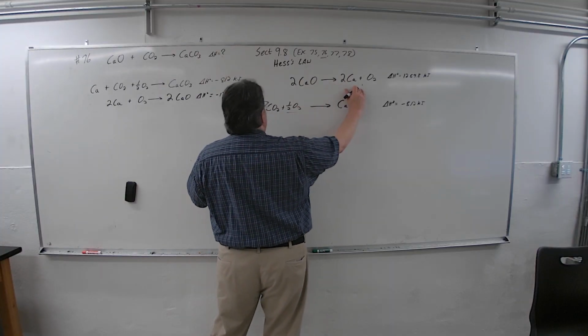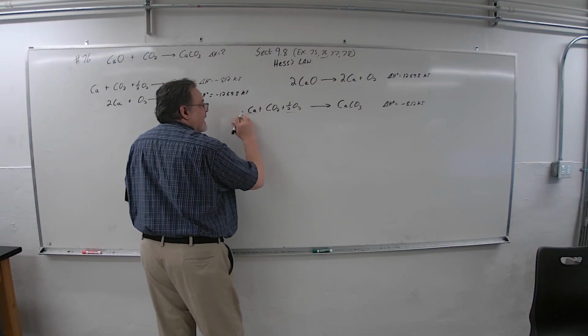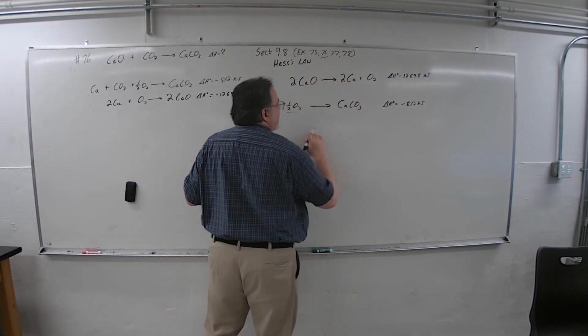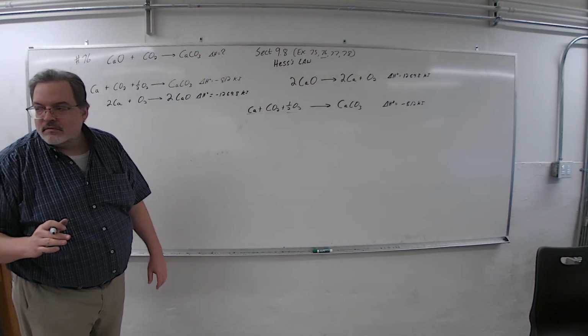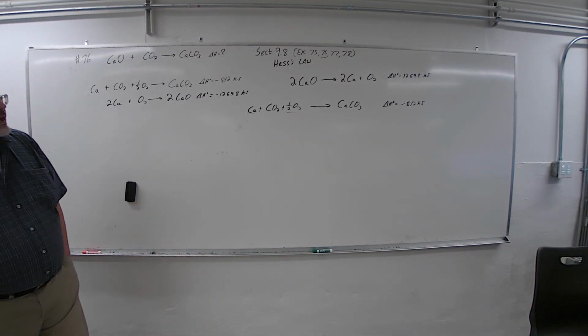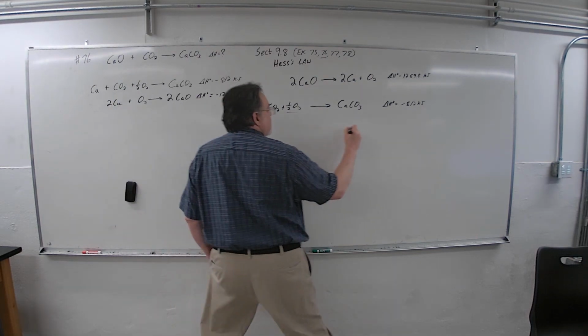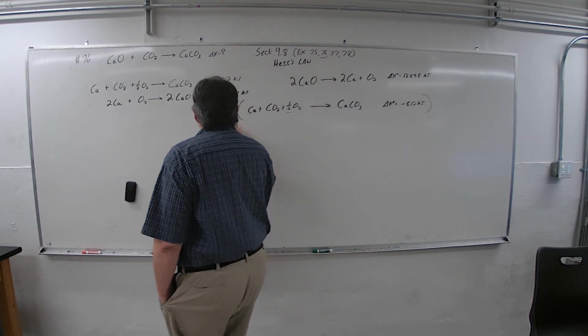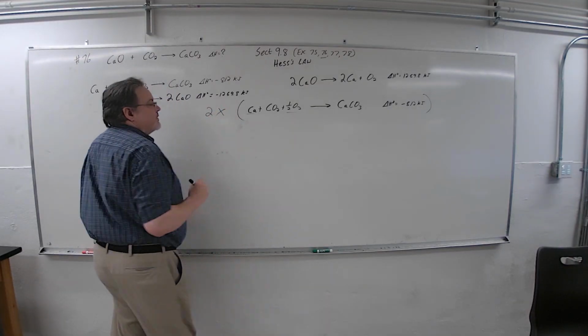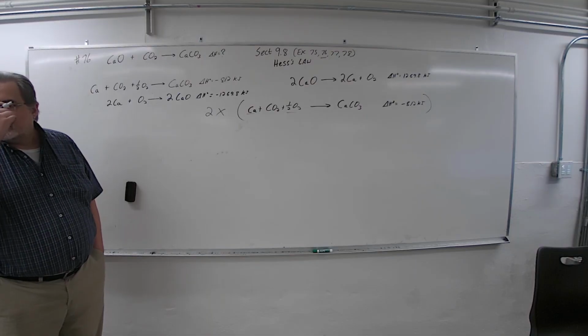I've got 2 Ca there and 1 Ca here. If I can get 2 Ca here and 2 Ca here, I can eliminate them. So watch what I do here. I'm going to multiply through all of this times 2, including the delta H.